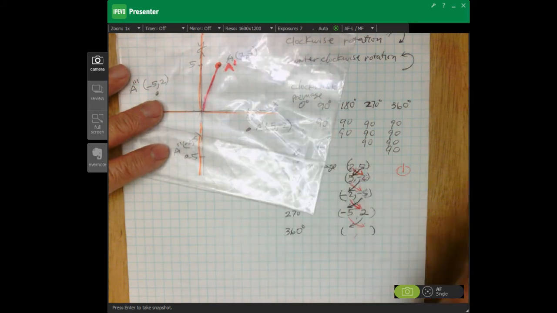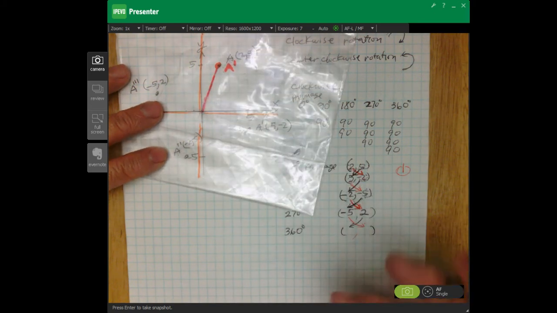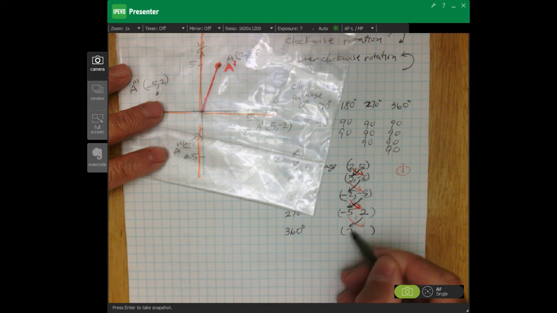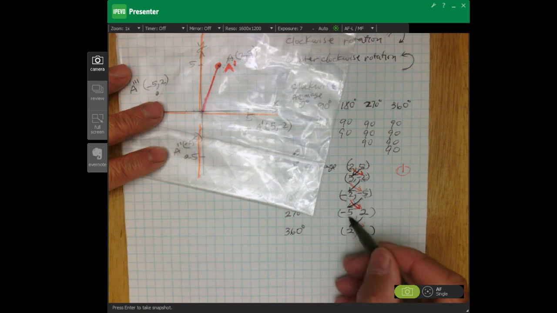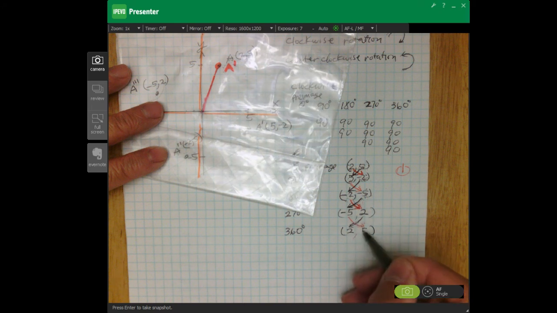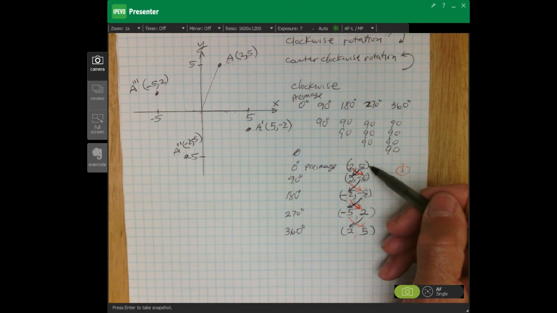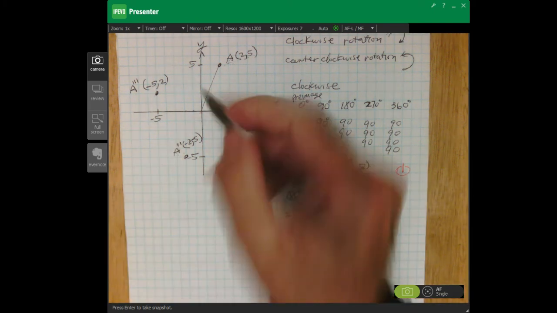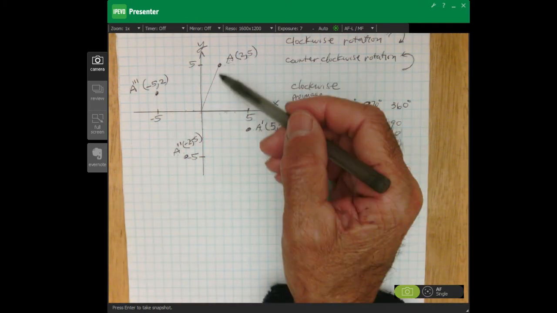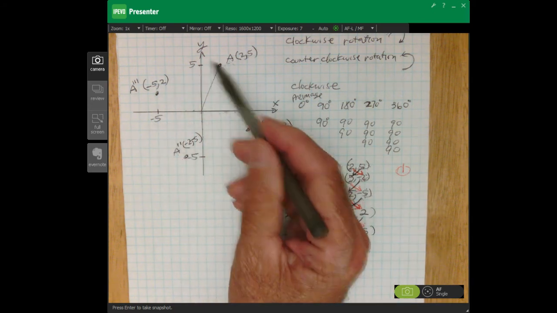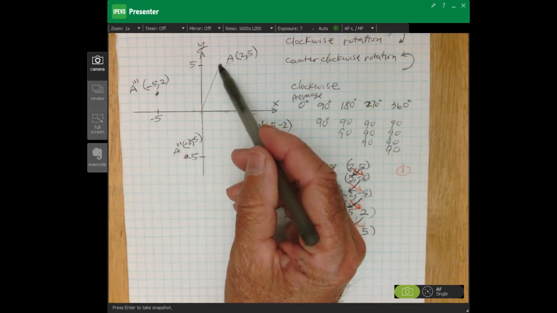Right where we started at 2, 5. So this 2 doesn't change, it stays at 2. This -5 turns into a +5, and we end up with the same thing we started. Okay, which makes sense, I hope, because 360 degrees is a turn all the way to where you were, right?